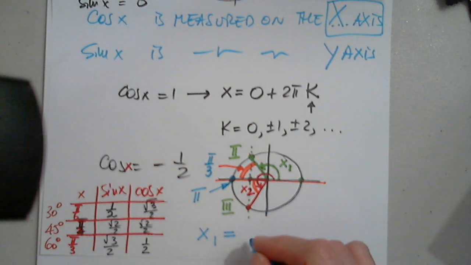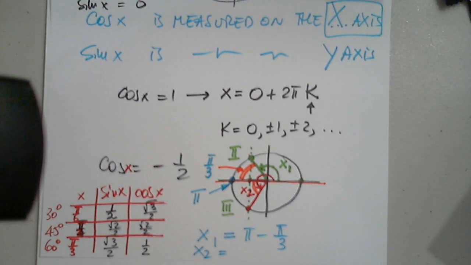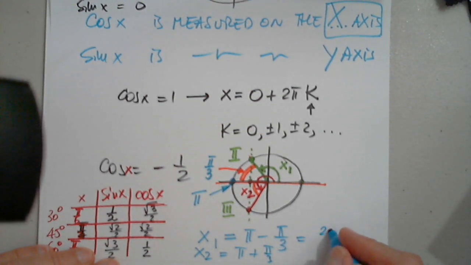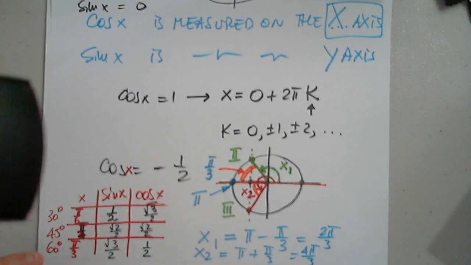Pi minus pi over 3. Excellent. We'll calculate in a moment. Can anyone give us x2? Pi plus pi over 3. Yay! Awesome. So 3 minus 1 is 2 pi over 3. 3 plus 1 is 4 pi over 3. Awesome.